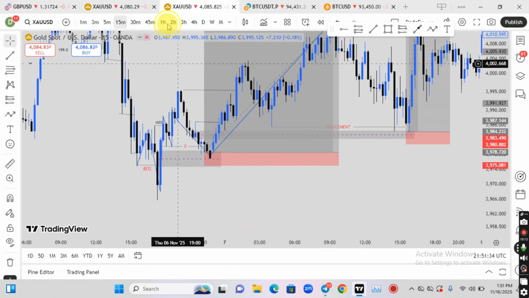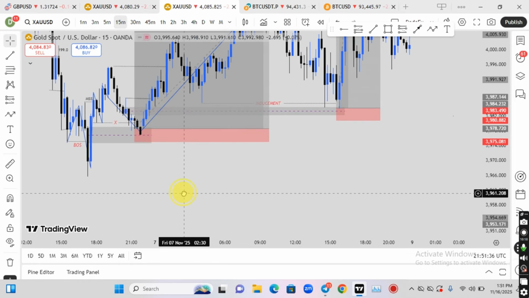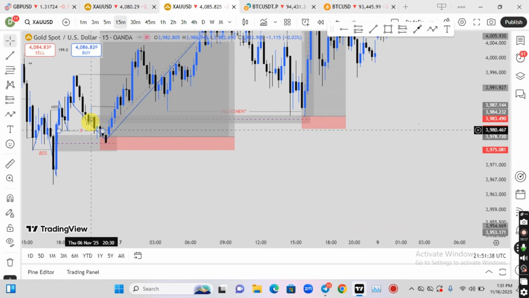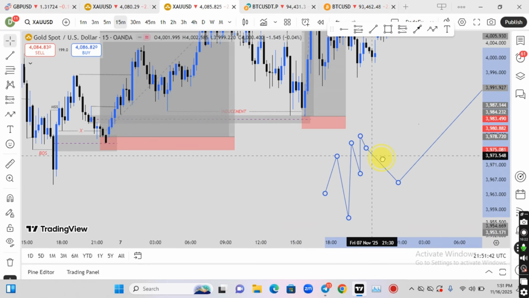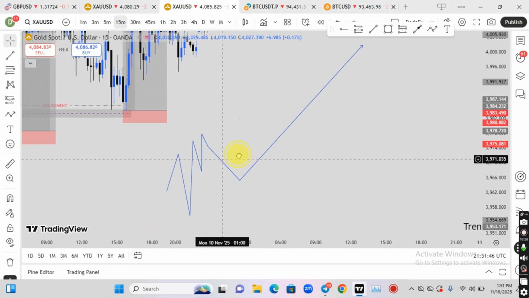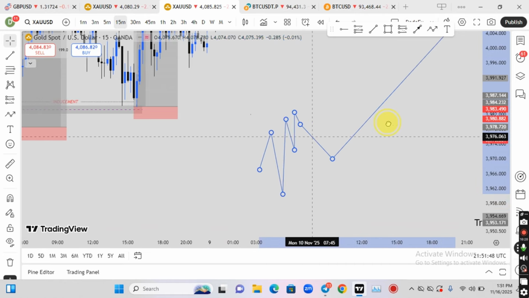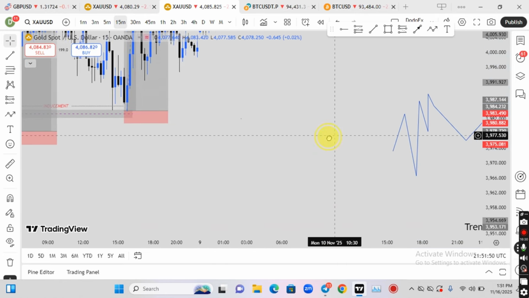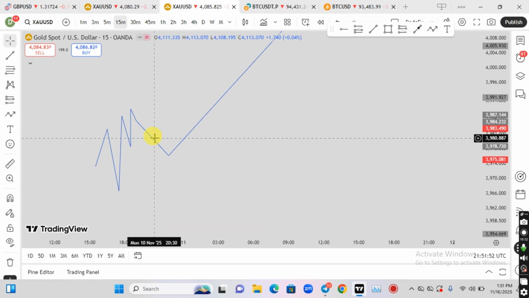So now this part explains this pattern. Let me take this pattern out for you now. This pattern explains the bullish market structure shift plus the inducement for the bullish part. I'm putting them closer so that you see them.